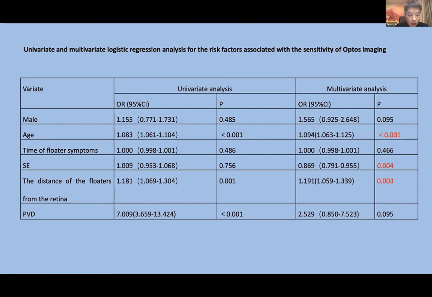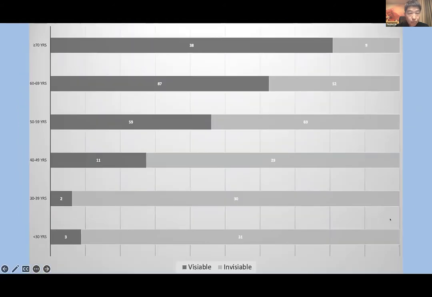Floaters in higher myopia eyes were easier to see on Optos. PVD-type floaters have a tendency to be evident on Optos images. You can see the value is about 0.1.